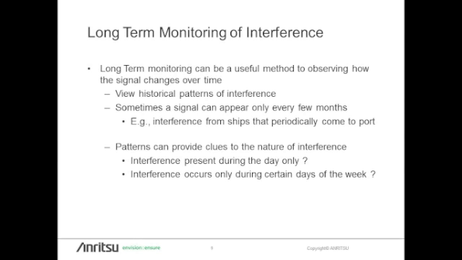It could either be government, Navy vessels coming to shore, or tourist cruise lines. And you see these signals maybe pop up every few months, and then they're gone after a couple of weeks. So the only real way to identify these kinds of interferers is to have a long-term system where you're probing and looking for patterns. And then, once the interferer pops up, you have a good clue that maybe this interferer is something you want to look at, and if you're on the coastline, a ship that might be at port.